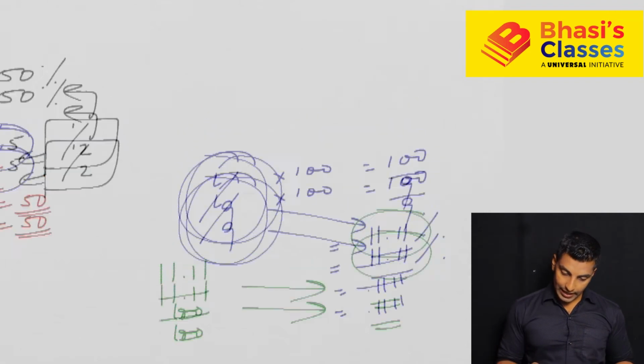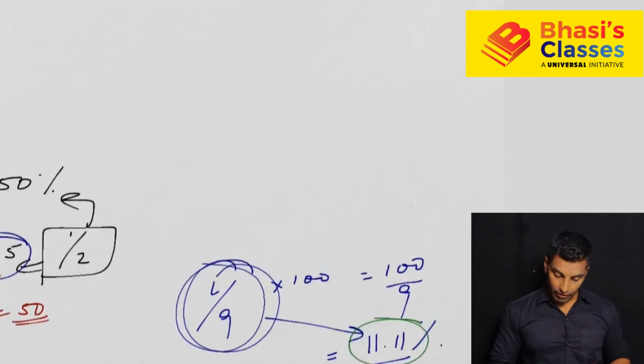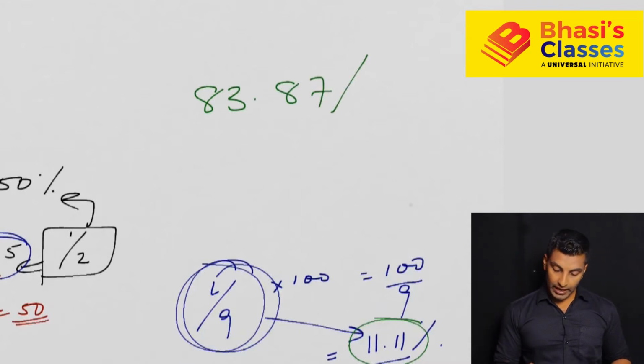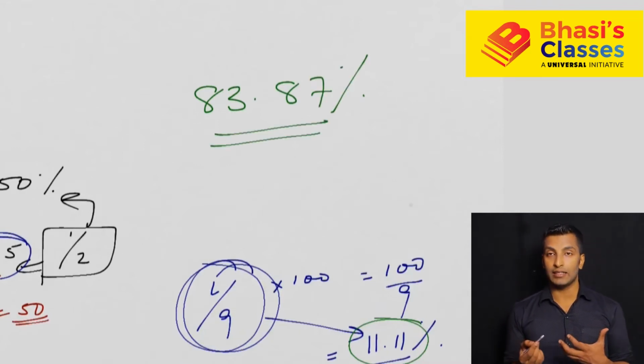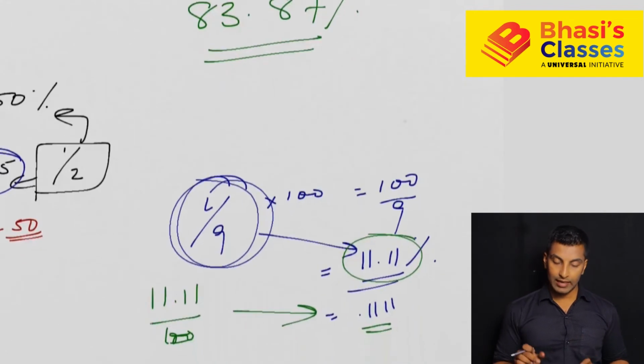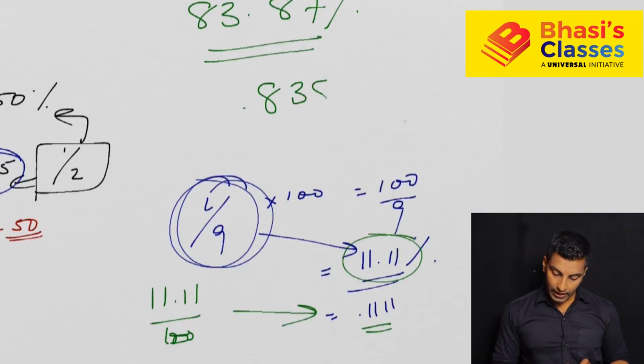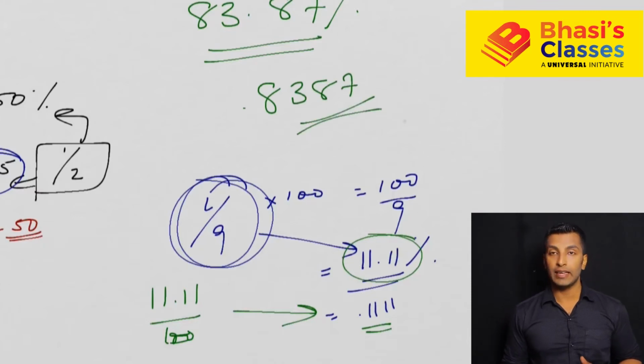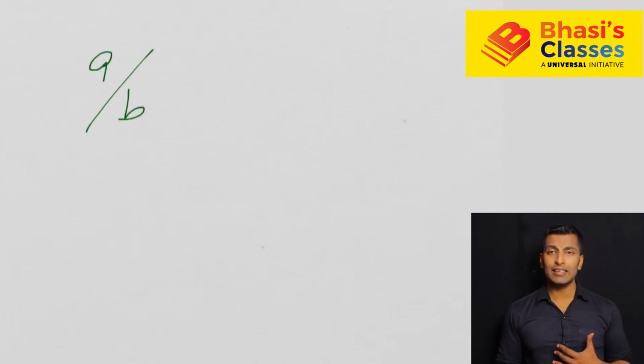Similarly, if you have a percentage given, say 83.87, so the ratio is given in percentage. If you need to express this in decimal, you just shift 2 places to the left, so it's nothing but 0.8387. A ratio will be like this: a by b or x by y, right?